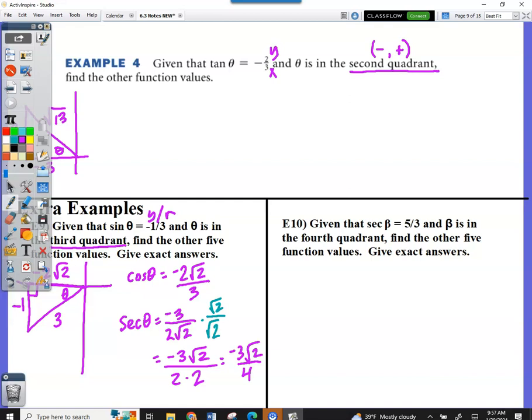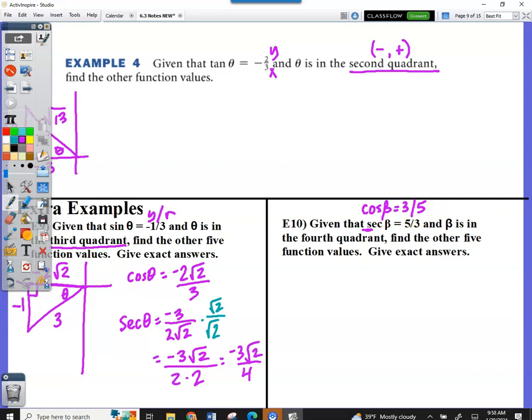So they do give us one of the reciprocal functions, secant. Some people can work straight from that. I personally don't like it. I like to calibrate it back to sine, cosine, tan. So if secant of beta is 5 over 3, so opposite letter, then cosine of beta would be 3 over 5, and now I feel like I can actually draw my picture.